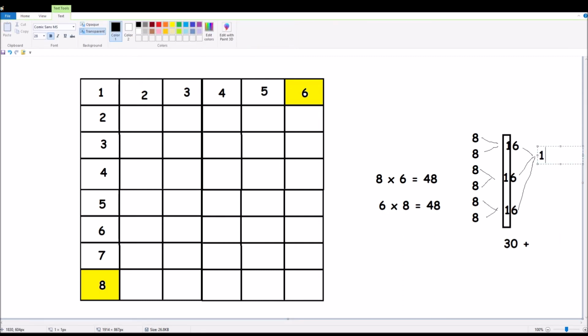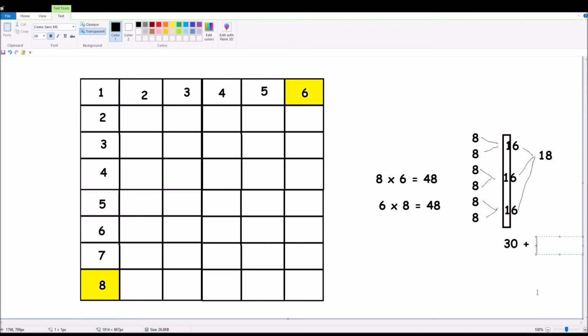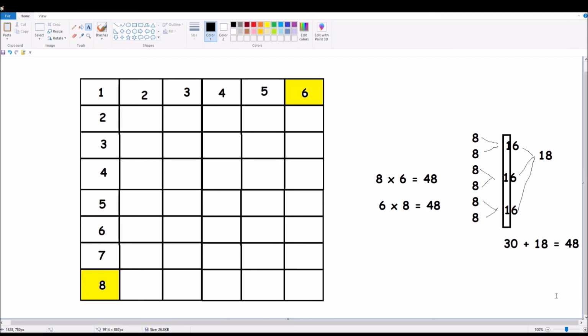So if 6 plus 6 plus 6 is 18, then 16 plus 16 plus 16 is the same as saying 30 plus 18, which gives us a total of 48. So we just found that 6 times 8 and 8 times 6 are both equal to 48.